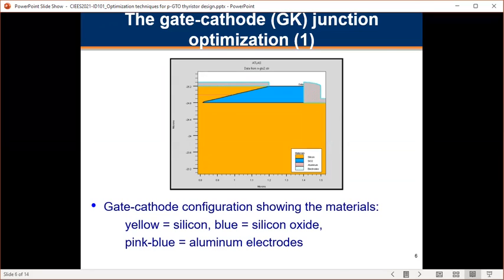Blue is the silicon oxide used to separate and passivate the junction of the cathode. In pink and blue, aluminum electrodes for the gate and for the cathode. Gate is to the right, upper right, and cathode is upper left.